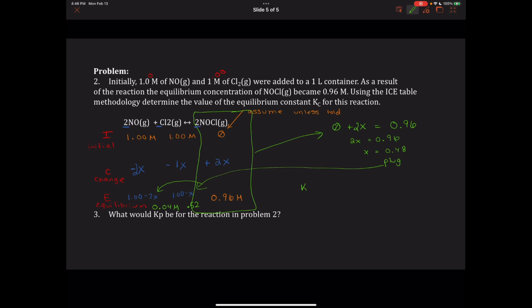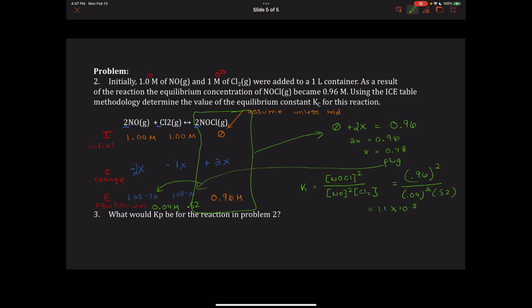So plugging into my K expression, K is going to be the concentration of my product raised to its coefficient divided by each reactant raised to their coefficients. So I have the NOCl, which is 0.96 squared over 0.04 squared times 0.52. And that's going to give me a K of 1.1 times 10 to the third.